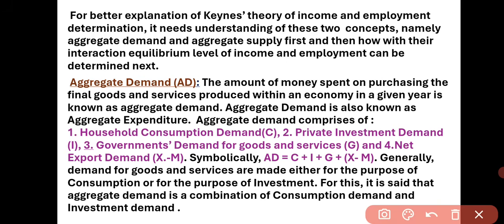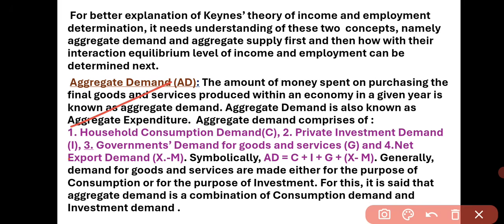That is total demand. Aggregate demand comprises four components: number one is household consumption demand, number two is private investment demand, number three is government's demand for goods and services, and number four is net export demand.